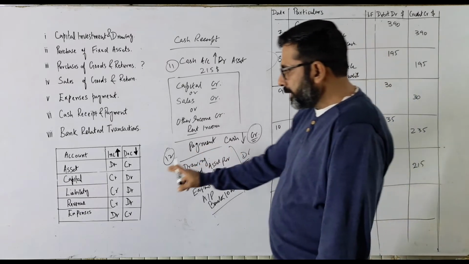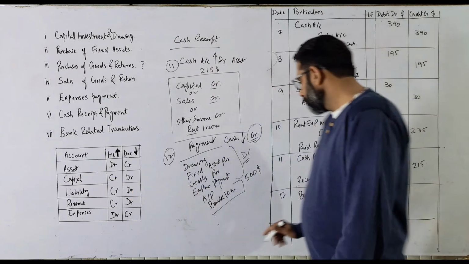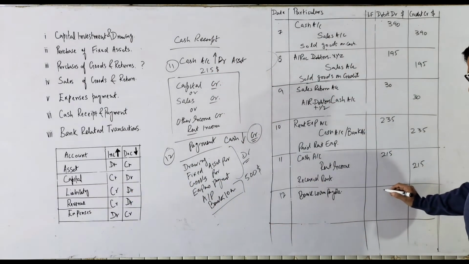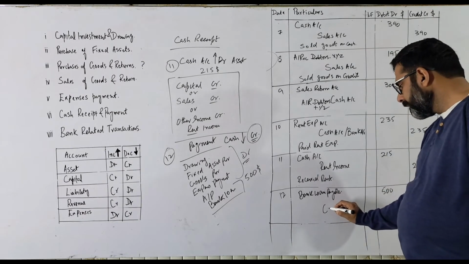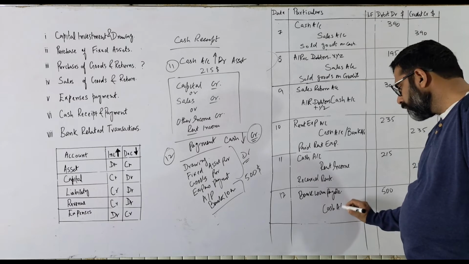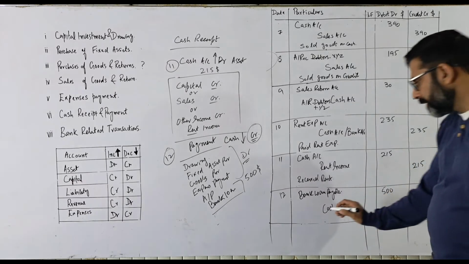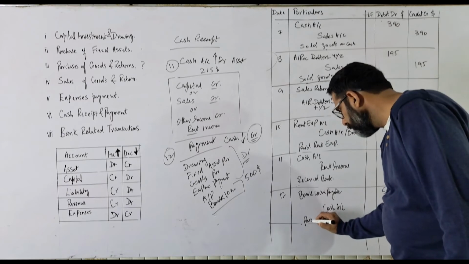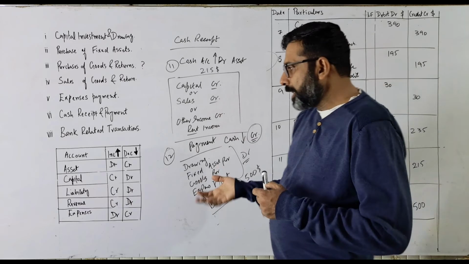Now the liability, if it is reducing, it is decreasing, so it will be debit. So how much are they paying? They are paying $500, and then the cash account will be credited by $500. So they have paid the loan to the bank.